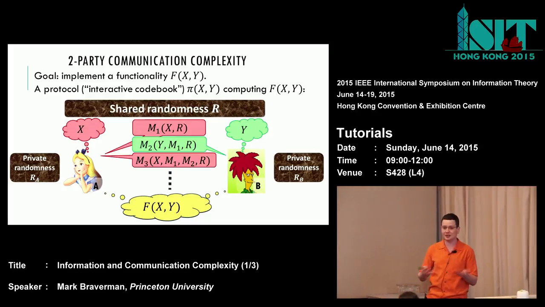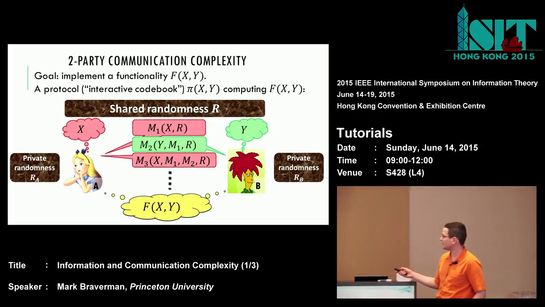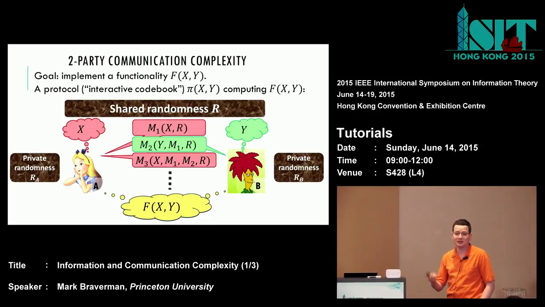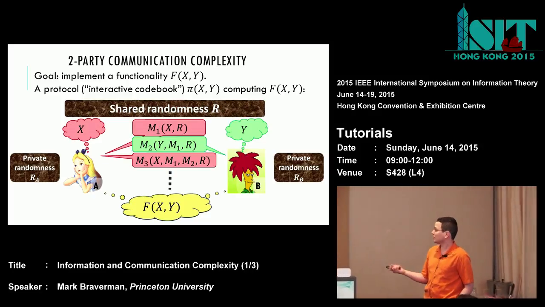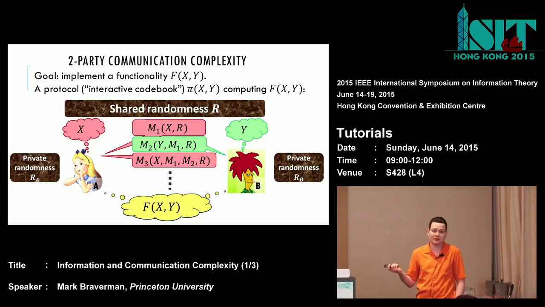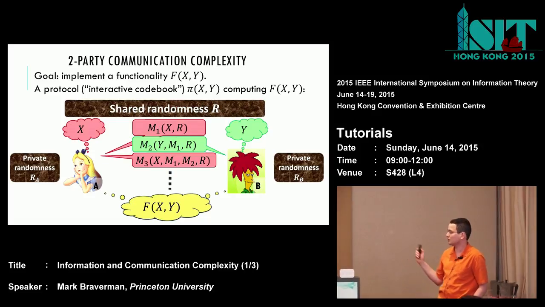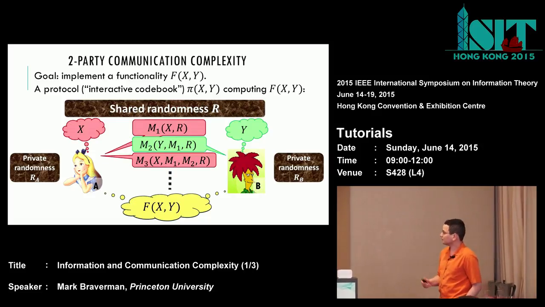A lot of the time this assumption doesn't matter, but it simplifies things. They also have access to private randomness. But notice that, at least for communication, we can without loss of generality assume that all the randomness is public, because if they need private randomness, they can just designate part of the shared randomness to be private.